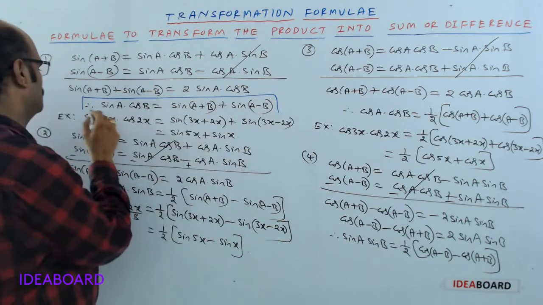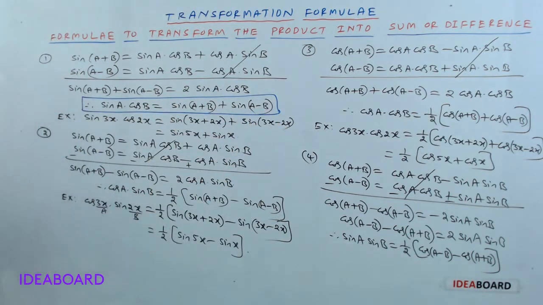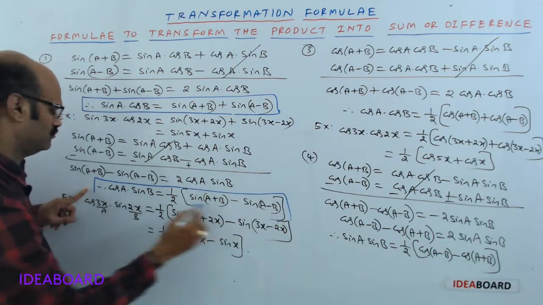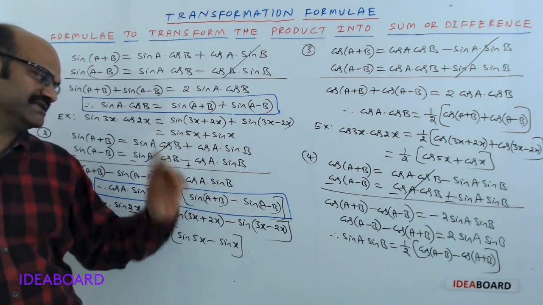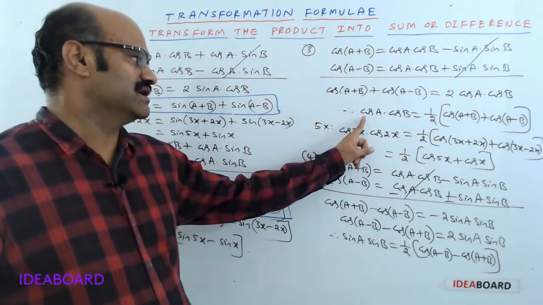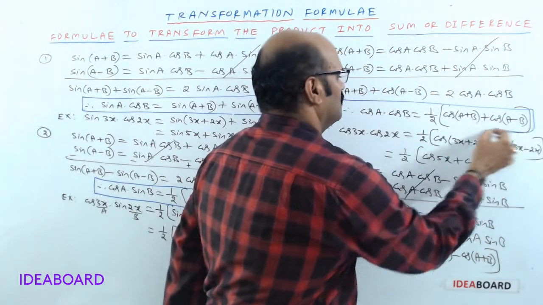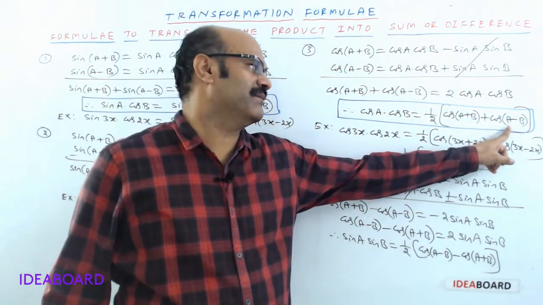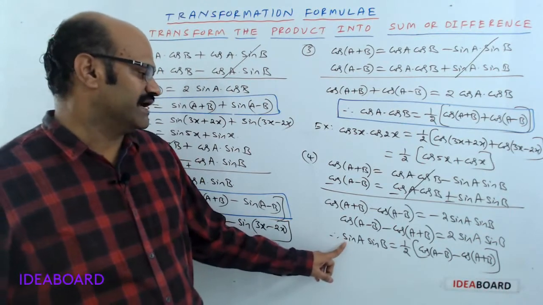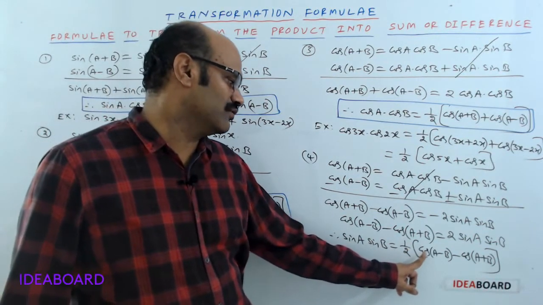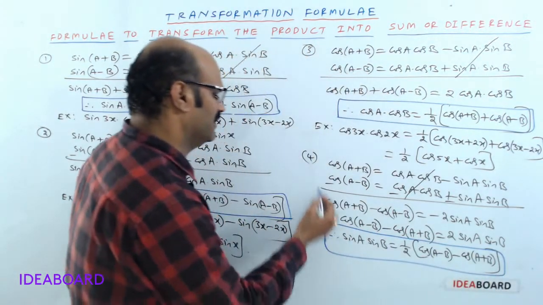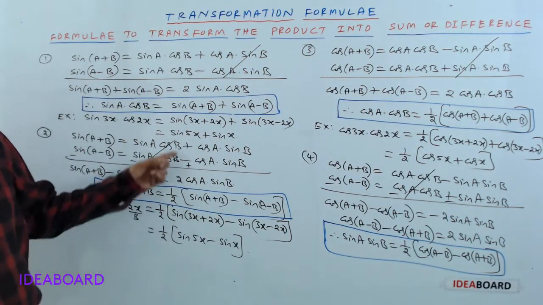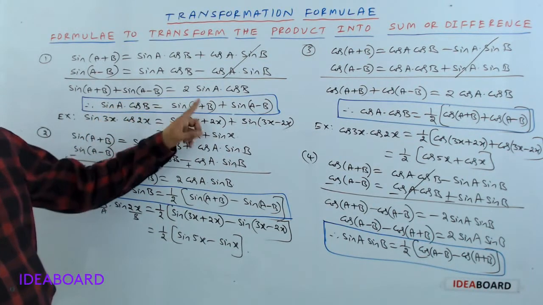Sin A into cos B equal to 1 by 2 into sin of A plus B plus sin of A minus B. Next, cos A into sin B equal to 1 by 2 into sin of A plus B minus sin of A minus B. And third one, cos A into cos B equal to 1 by 2 into cos of A plus B plus cos of A minus B. Next, sin A into sin B equal to 1 by 2 into cos of A minus B minus cos of A plus B. These are the four formulae we have in product to sum or difference.